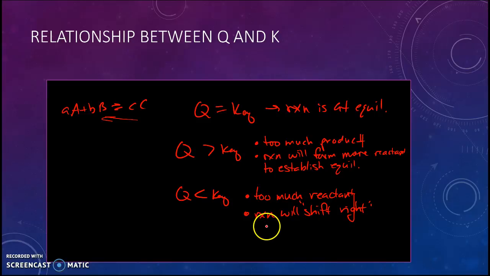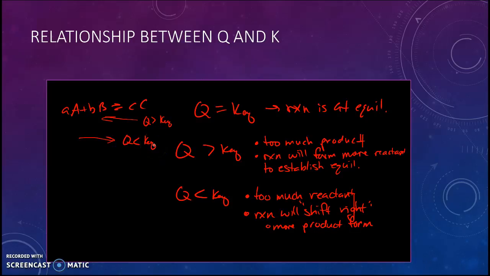Shift right means more product is going to be formed because there's not enough product to establish equilibrium. And so some of these reactants will be used up and we're going to form product. This is what happens if Q is less than K.